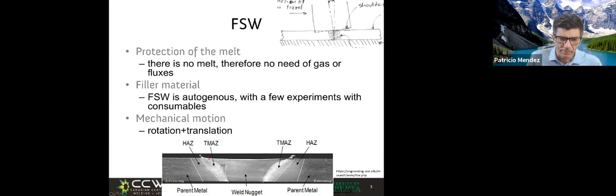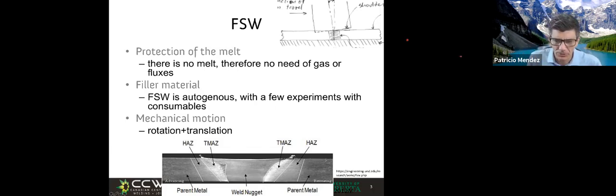And the reason this looks asymmetric, typically a cross section of an arc weld is symmetric, not asymmetric, is because as we move in one direction, the pin rotates, and one side of the pin is going to be moving fast in the same direction of the tool, and the other is going to be retreating, going away.